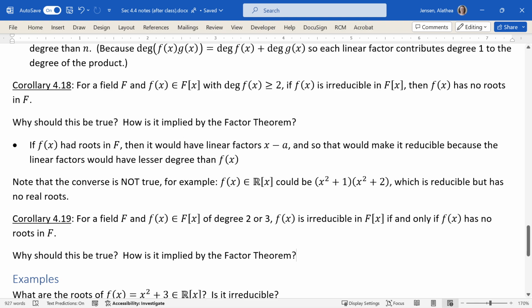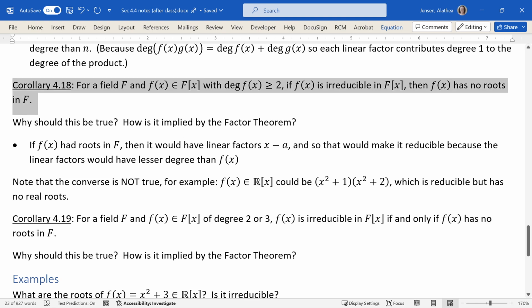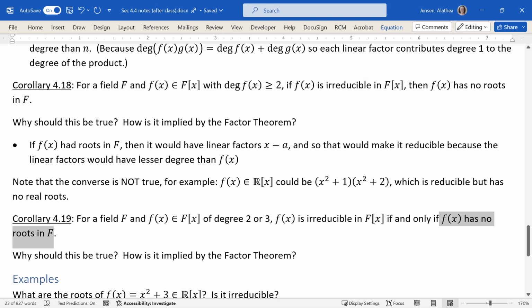Okay, so this is maybe a little bit harder to think about, but clearly this part, being reducible, implies no roots, because we already had that from corollary 4.18, right? So the only part you really need to worry about justifying is, why is it that having no roots implies that you're irreducible when your degree is 2 or 3?